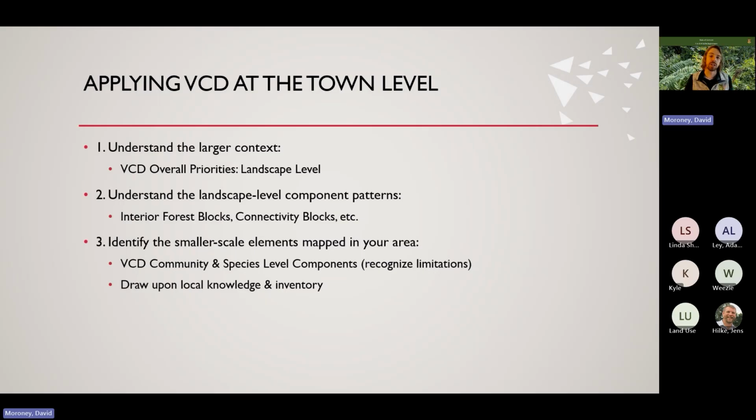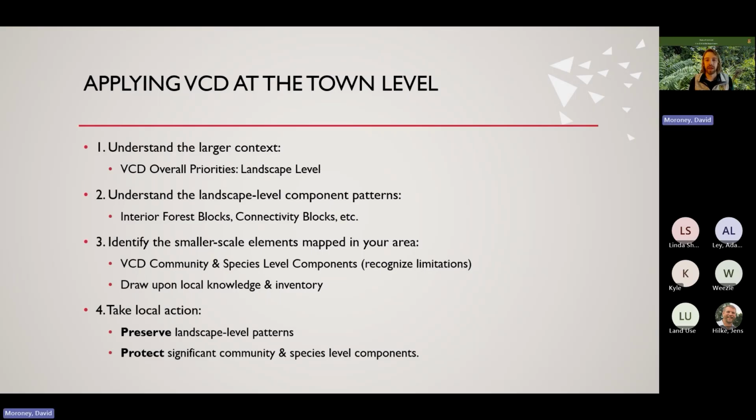And when we're engaging in town level conservation planning work, we really want to draw upon local knowledge and local inventories that have been done that tend to use a more detailed resolution in terms of identifying features. So we want to bring in all the information, but the VCD community and species level components is really a great place to start and is going to draw our attention to many of the most important areas within any given town.